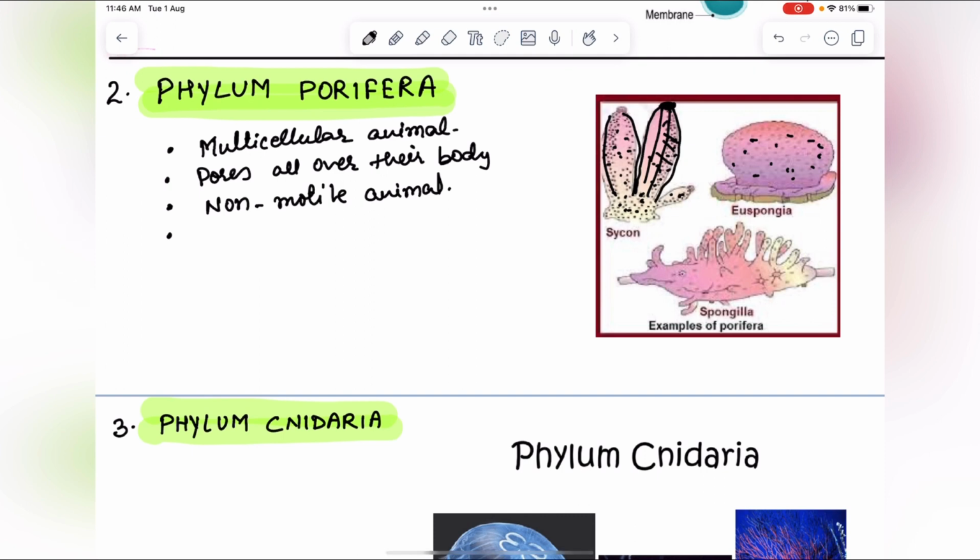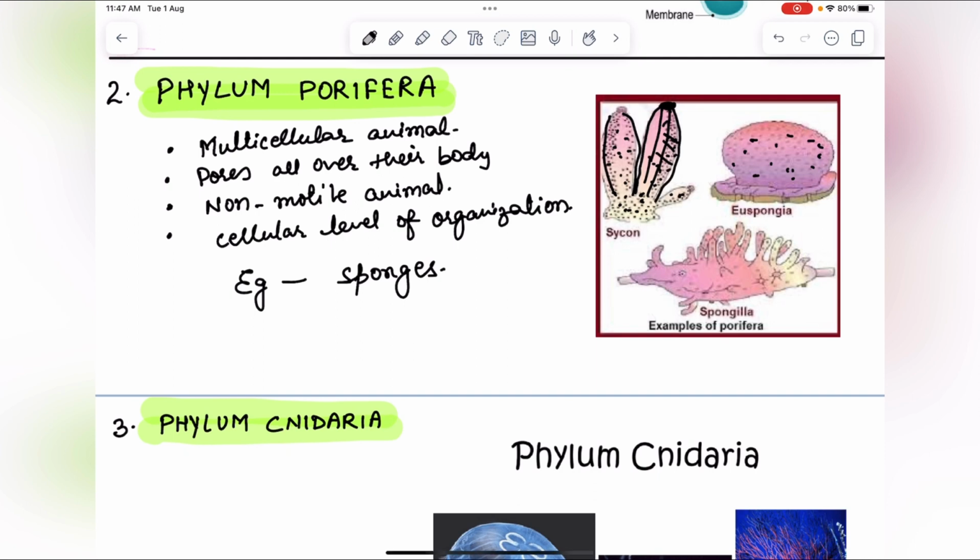Fourth point, the level of organization in phylum Porifera is cellular level of organization. What do you mean by cellular level of organization? It means that they are made up of many cells, but these cells do not form tissues. Sponges are the example of this phylum.